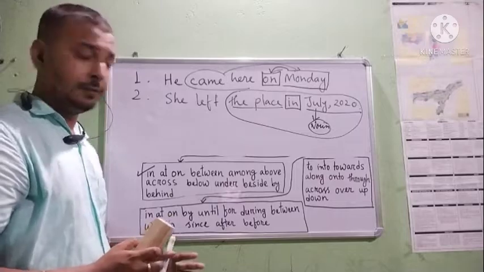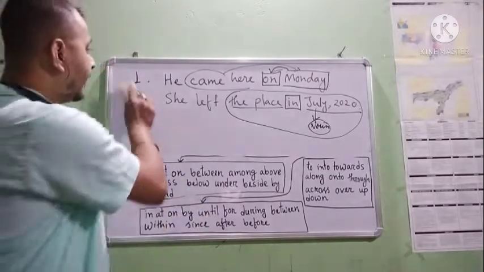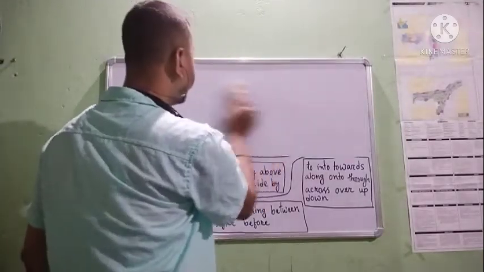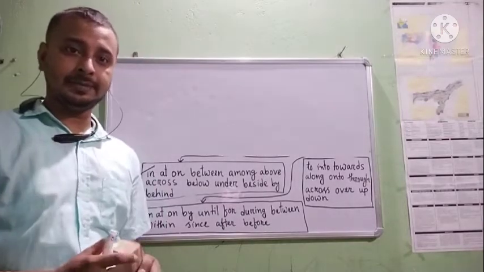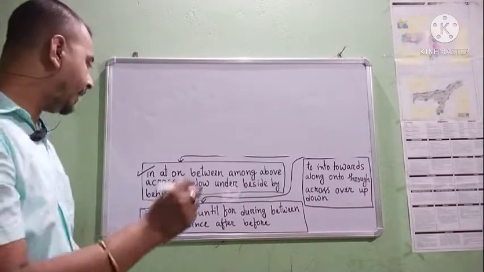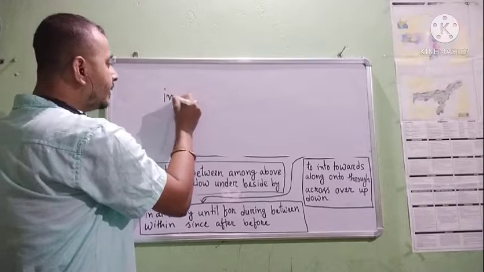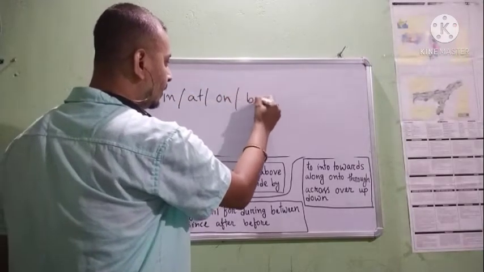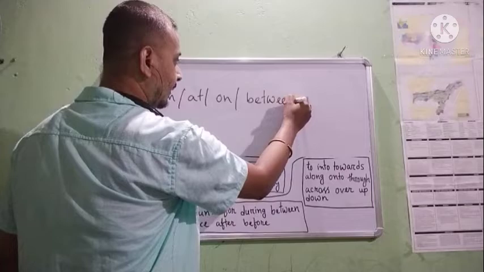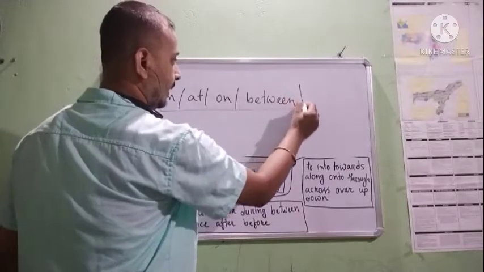But I tell you, basically I have found some prepositions of time and some prepositions of place are common, and they are, you see, in, at, on, between. These four basically.